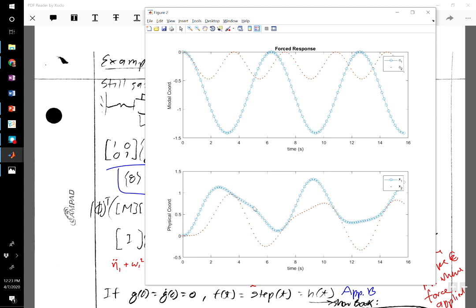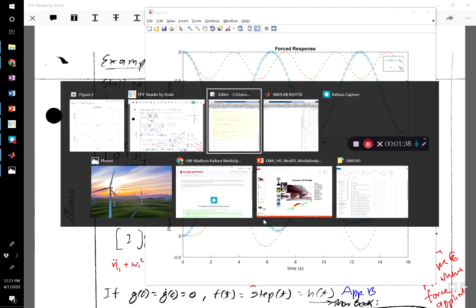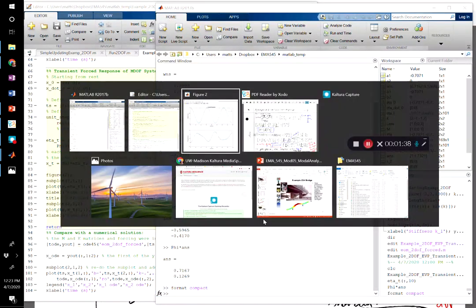Mass 2 eventually starts to feel that, and it responds, and so you get this complicated interplay between the two motions. So in modal coordinates, everything is really simple. It's just the step response of two 1 degree of freedom systems. In physical coordinates, you can get some really interesting and rich dynamics happening there.